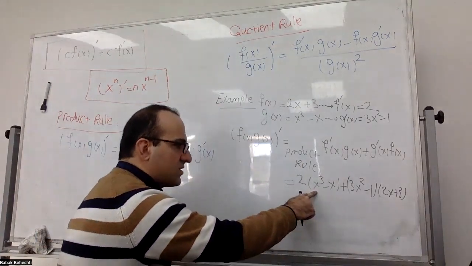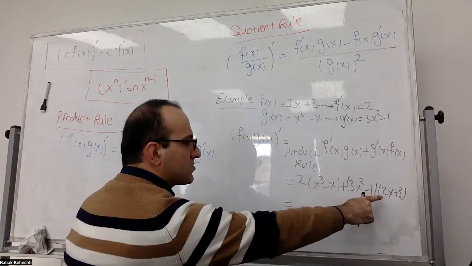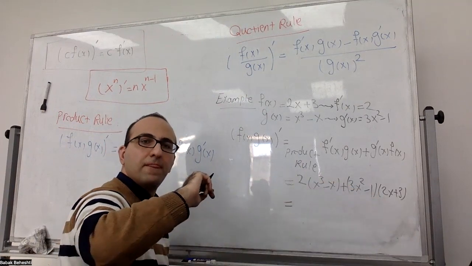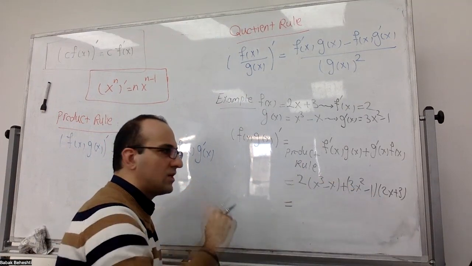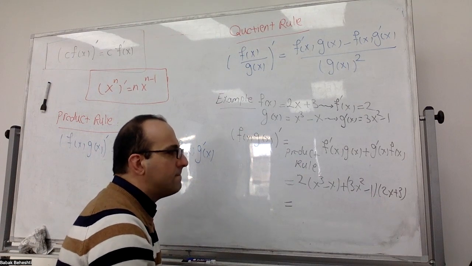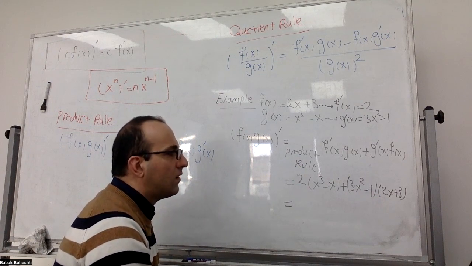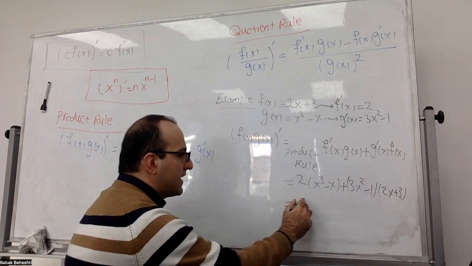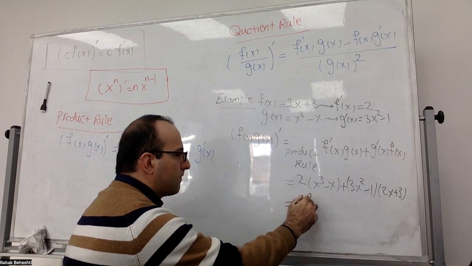So you have 2x cubed, then you have 3x squared times 2x, 6x cubed, which is, how many x cubed do you have? So it's 8x cubed.